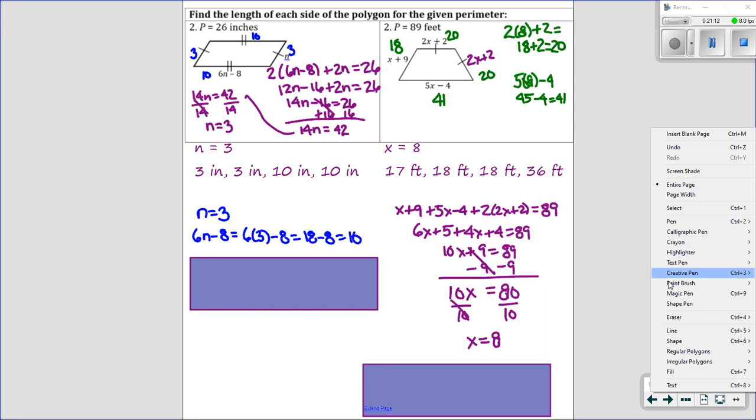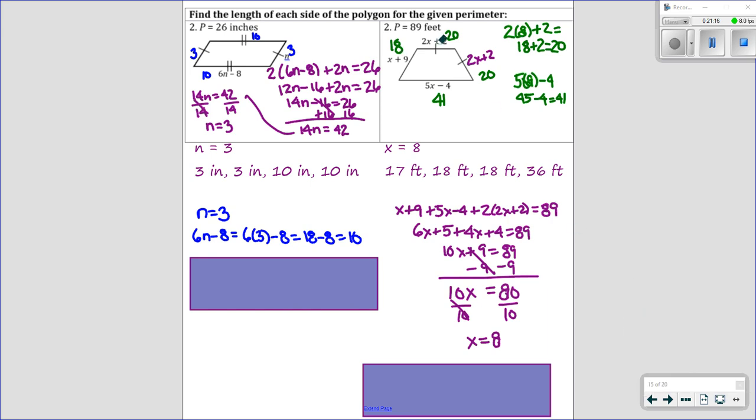So that one will be 17 over here. So that's 8. That's going to be 40. And then 8. This one changed.